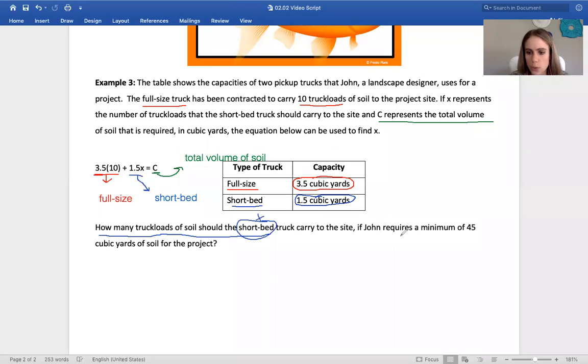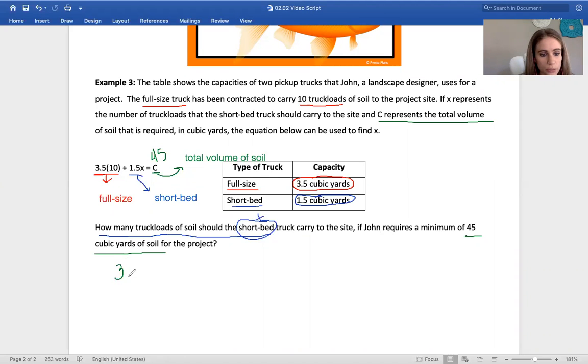Yes, John requires a minimum of 45 cubic yards of soil for the project. So that's telling me that we have 45 cubic yards. Therefore, that is going to be substituted in for our C because we know that information. When I do that, I'd be down to one variable, which means it's solvable, and I can determine how many short bed trucks are needed.